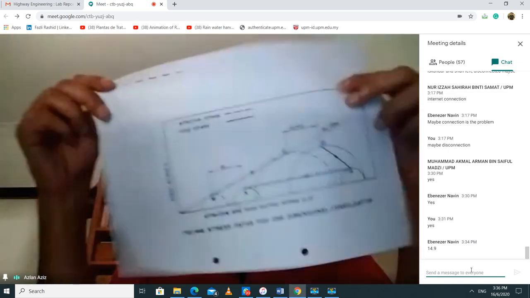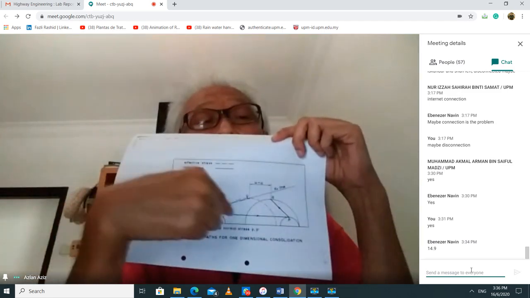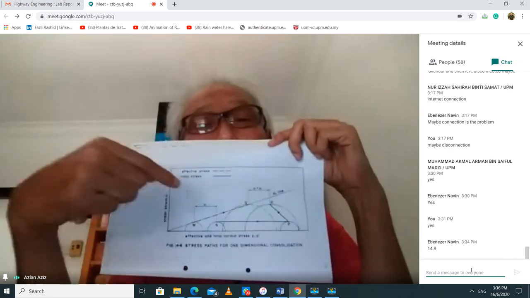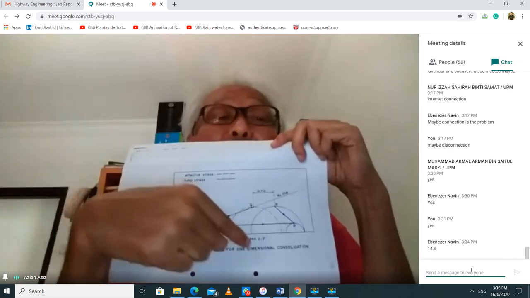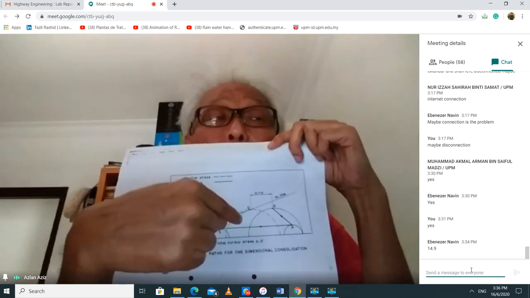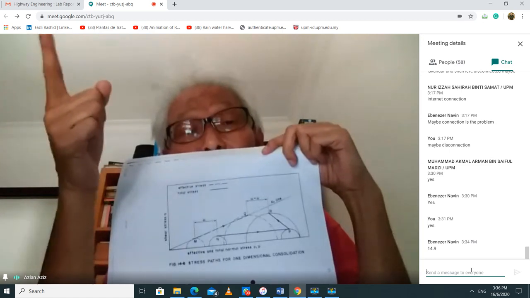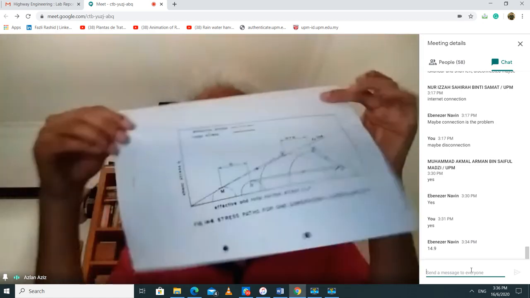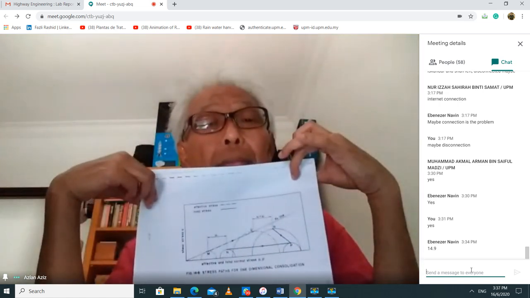The state of stress when you were doing that test is this one. This picture explains the state of stress when you were in the lab, which is also what you say when using this theory to calculate the settlement happening in the field. This is the one-dimensional conventional odometer method. Are we clear?